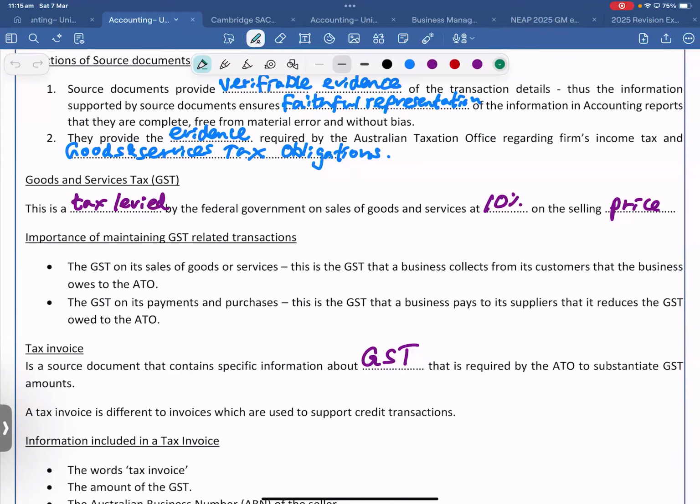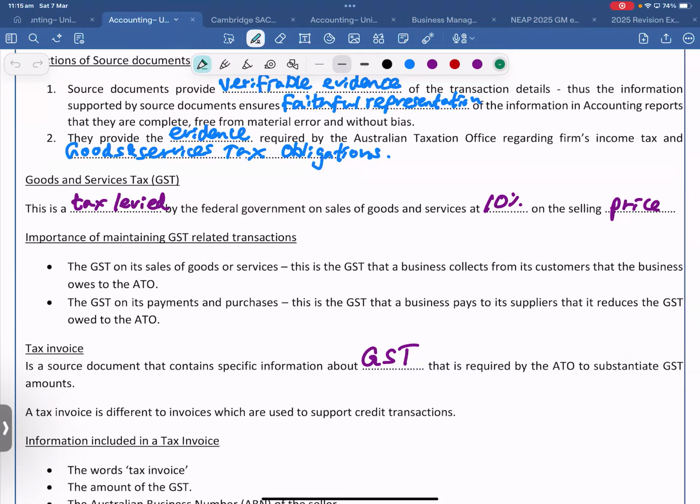What else? Materials, maybe paper and ink, for them also we pay GST. Let's say we pay expenses of 4,000 plus GST, 4,400. See, we collected 1,000 GST and we paid 400 GST.